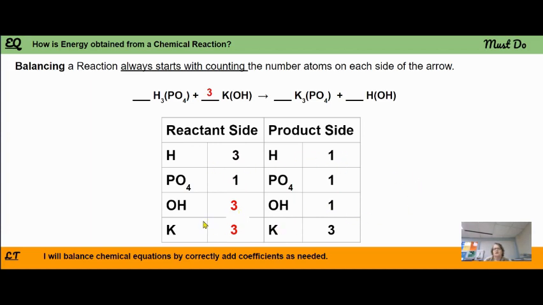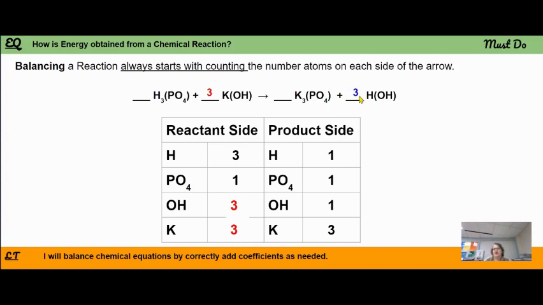The next step is to do your non-metals, and in this case, my non-metal is the OH. If I look here, I have 3 OHs here and only 1 over here. So what can I put in that blank in order to get 3 OHs?